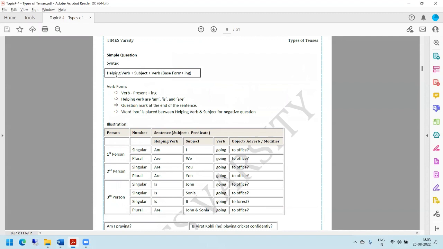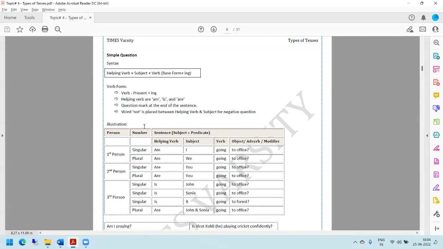As you know, even in present indefinite, for a simple question the helping verb comes first, then the subject, then the verb. Same syntax: helping verb plus subject plus verb. The only difference here is the different helping verb and the ing form.